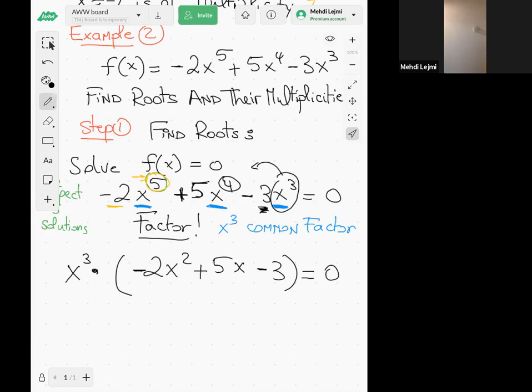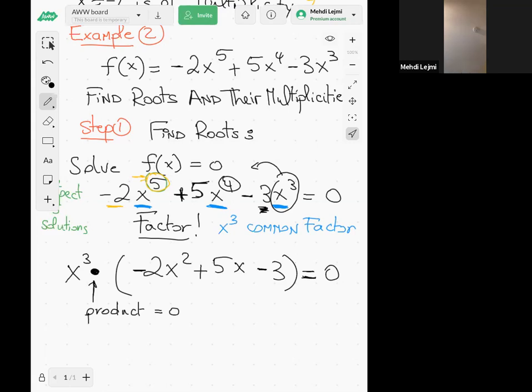Right? So again, it's the same idea. We have now a product which is equal to 0. So again, guys, it has to be equal to 0. Otherwise, if it's equal to 1, for example, you cannot say your x cubed is equal to 1 or whatever. It has to be equal to 0.